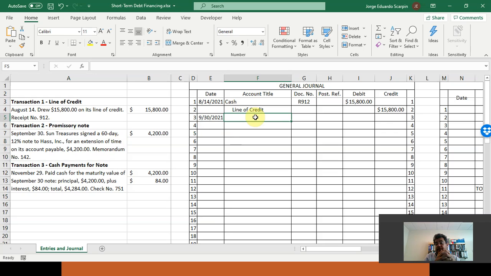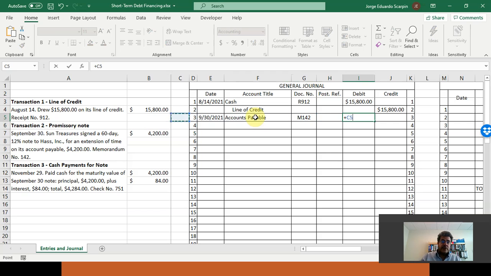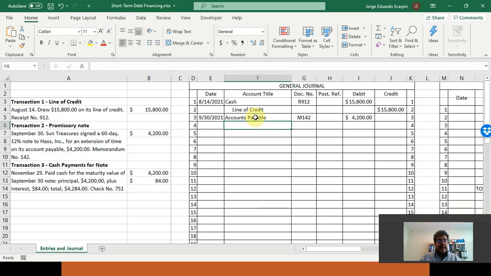So, we are swapping our liability. So, we will debit accounts payable and then our memorandum 142, 4,200, and credit notes payable 4,200. So we will decrease our accounts payable on the accounts payable journal and then notes payable now.